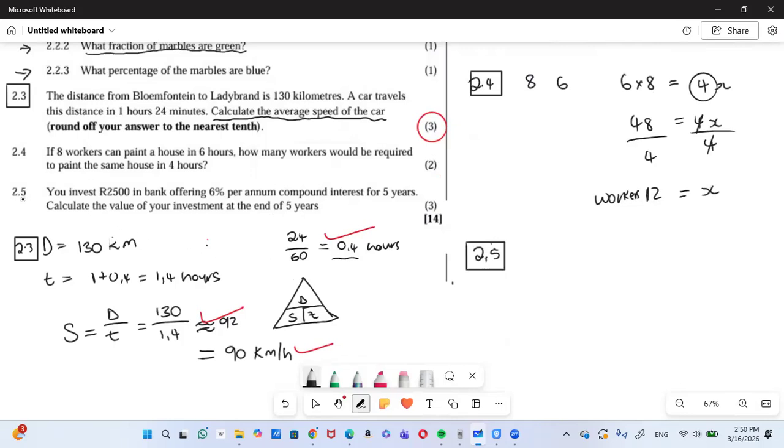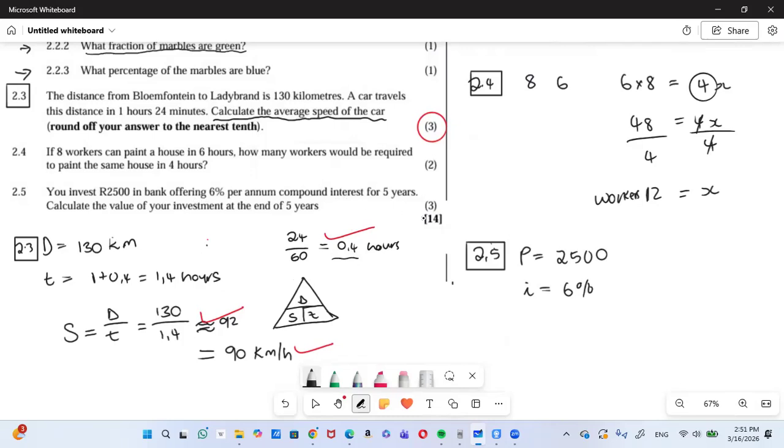And then we have now 2.5. You invest 2,500 in the bank, offering 6%. So when you invest, that is your principal amount, which is 2,500. And the bank is offering you 6%. So our I, which is our interest rate, is 6%.